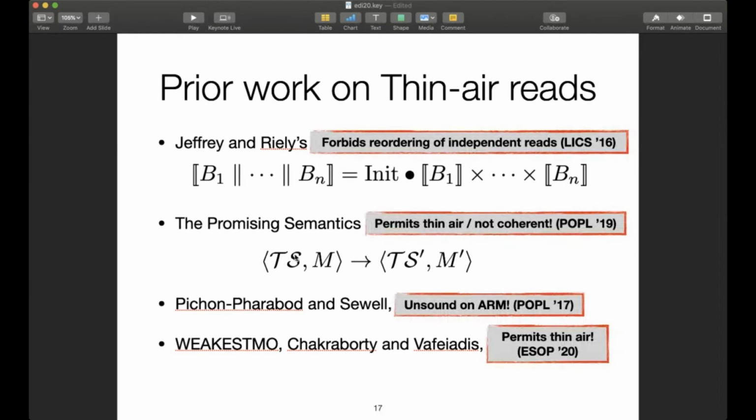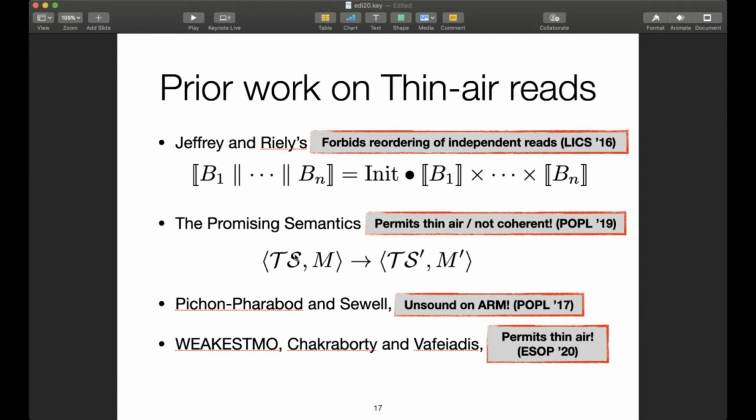I should say, each one of these has a little niggle with it, which means that it's not ideal. Jeffrey and Riely forbids a reordering which we want to allow, and we observe compilers doing. The promising semantics permits this coherence example, which appears to be thin air or possibly a lack of coherence. Either way, not good. The Pichon-Favrot and Sewell model is not sound over the ARM architecture, and for weakestmo, in the ESOP paper, we present a test where it seems to allow thin air behavior.